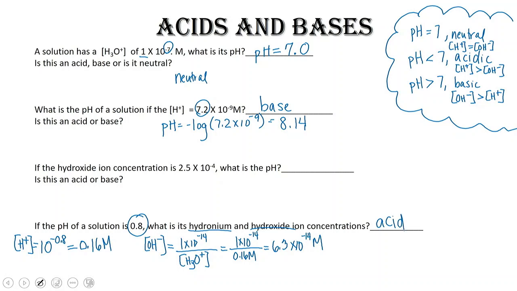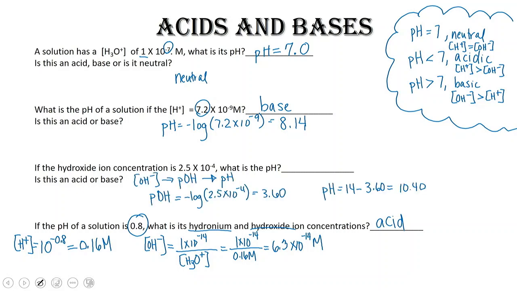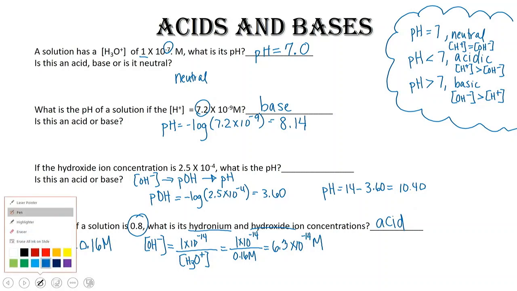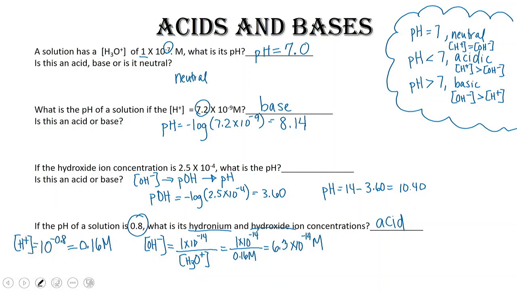Pause video, solve the last problem on your own, and we'll come back with the answer. Okay, to determine the pH, we're going to take the hydroxide ion concentration, convert to the pOH, and then convert to the pH.